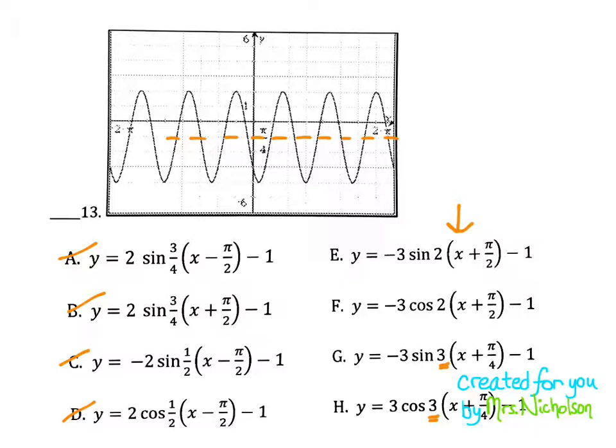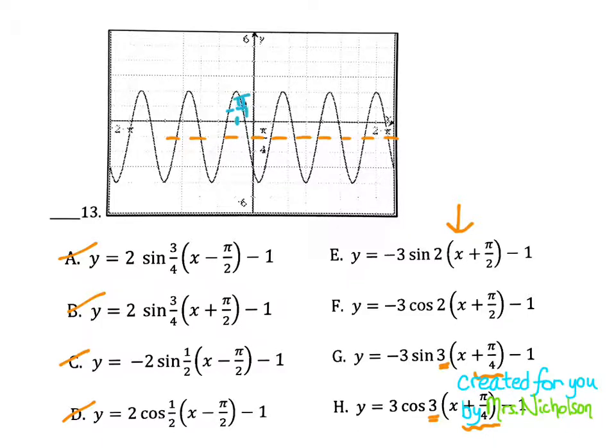There's my middle line. And if I'm choosing between G and H, they have the same amplitude, same vertical shift, same B value. I'm looking at these horizontal shifts. It's plus pi over 4. And that means left pi over 4. So I'm going to go back up to my graph, and I'm going to start here at 0 and go to the left pi over 4, which is going to be right here, minus pi over 4.